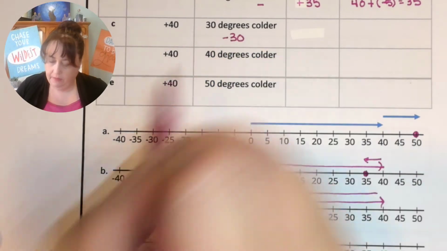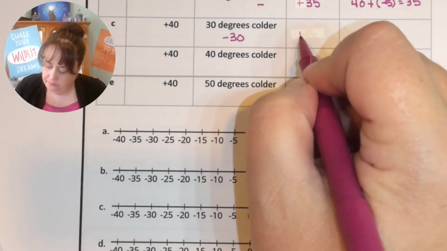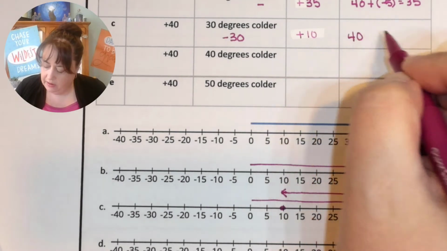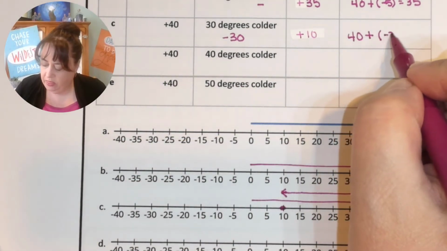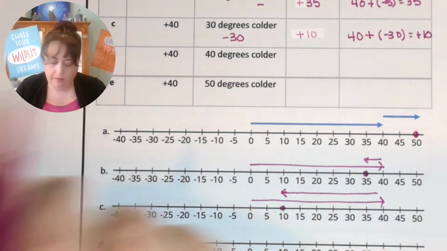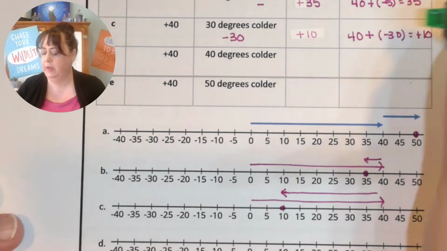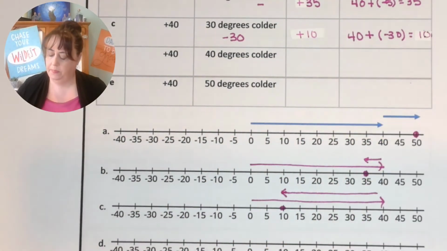Minus 30 to get colder. And where did we end up? We ended up at a positive 10. So when you start at 40, and you add to it a negative 30, you end up at 10. Let's just make that 10. Looks a little cleaner. Good job.